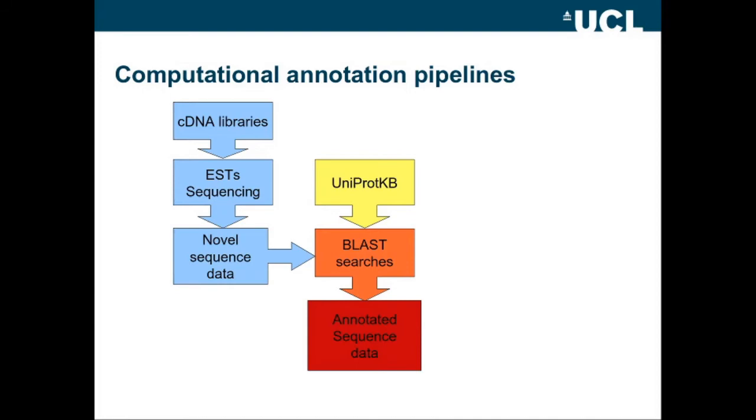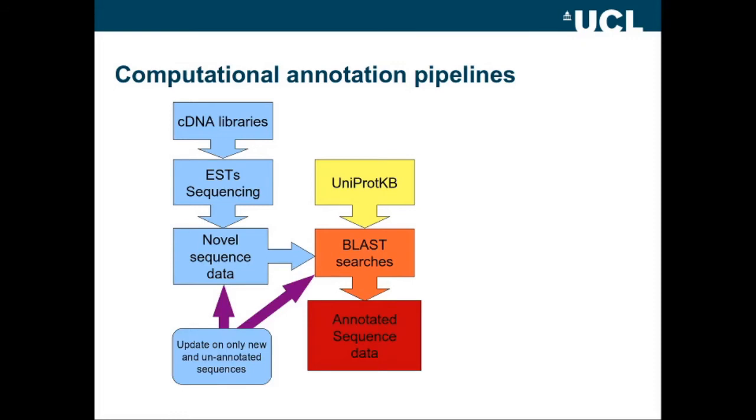So what we need to do then with our novel sequence data is do a BLAST run against a database like UniProt KB, where we have annotated protein sequences. And that then, if we get hits from that BLAST search, allows us to annotate the sequence data. But of course it's all a bit more complicated than that, because we're going to get new data all the time.